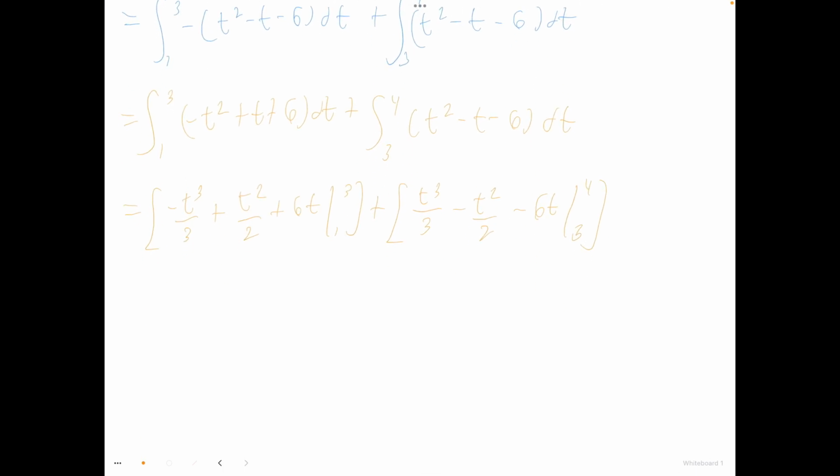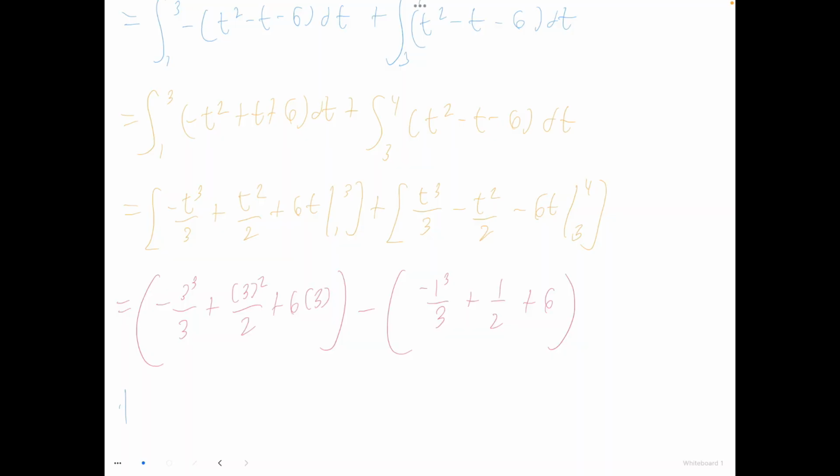And so we want to plug things in. Plugging in for the first one, we have negative 3 cubed over 3 plus 3 squared over 2 plus 6 times 3, minus, plugging in 1, negative 1 cubed over 3 plus 1 over 2 plus 6.